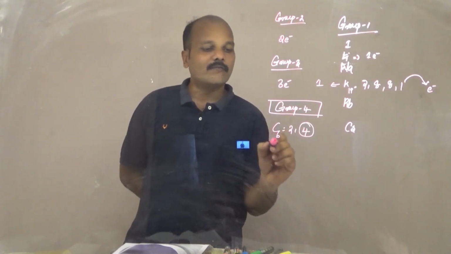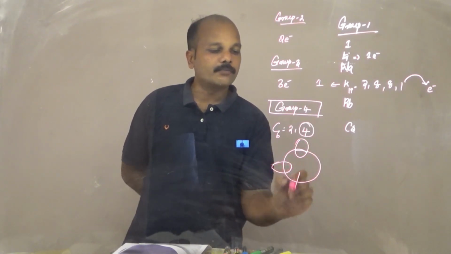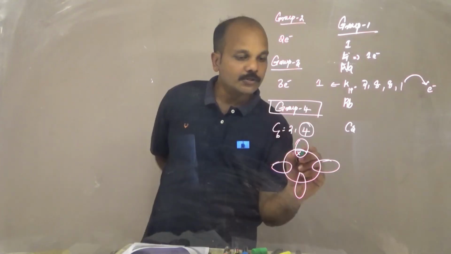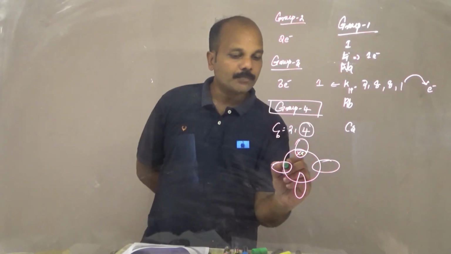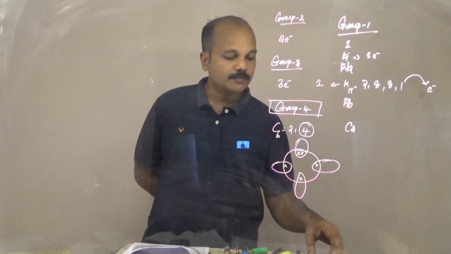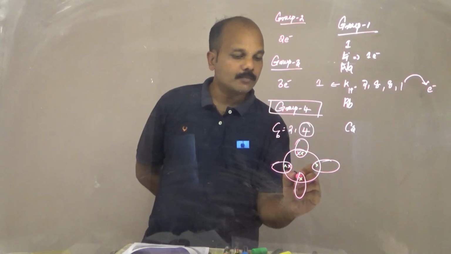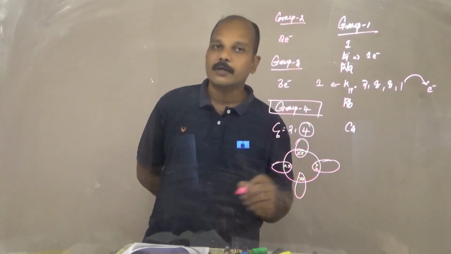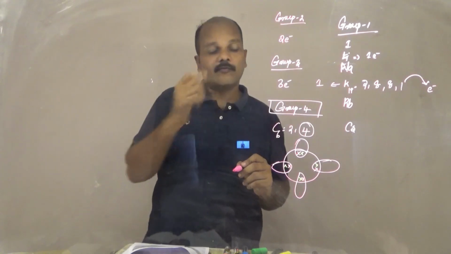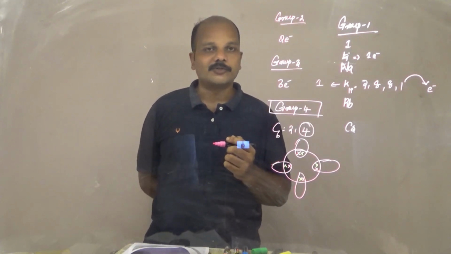If it is forming a reaction, for example CH4, it is going to share 1 electron from carbon and 1 electron from hydrogen. So this is the structure of CH4. The valency of group 4 elements is 4 because it can share 4 electrons in the outermost shell.